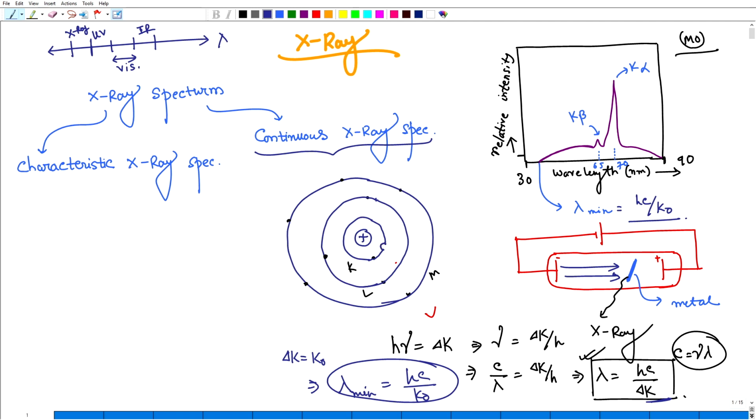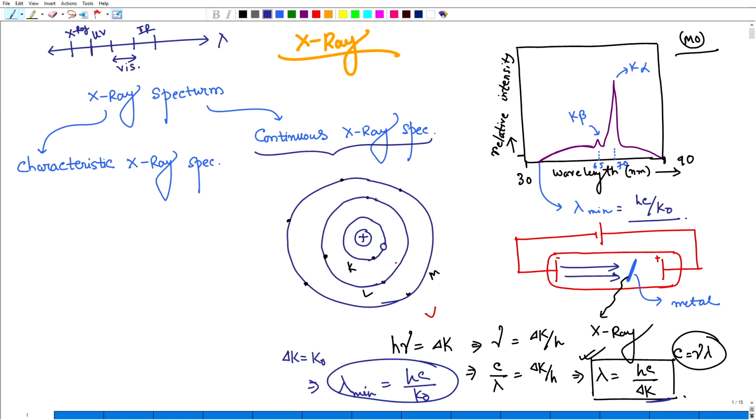That will occur when the electron of the K orbit is kicked out, and to fill up that position, one electron comes from the L or M orbit, then that energy gap corresponds to the photon of the X-ray. Or if one electron is kicked out from the L orbit, and to fill up that gap, one electron comes from the N orbit or M orbit, then that energy gap also corresponds to the photon of X-ray. So there are 4 essential transitions which correspond to the emission of the X-ray photon.